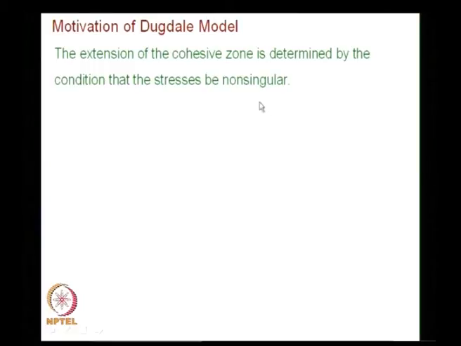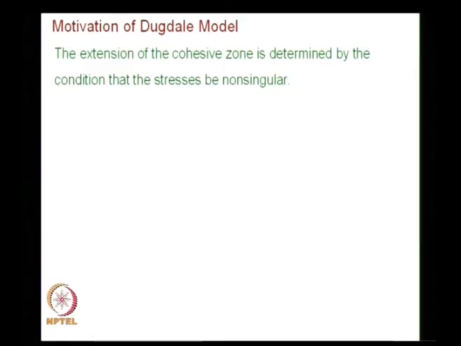So, what I would appreciate is you go back and brush up the stress intensity factor that we have developed for a crack subjected to symmetric loading. We will use that approach to find out the plastic zone length in Dugdale model. You need that expression. Go and brush up that and come for the next class.